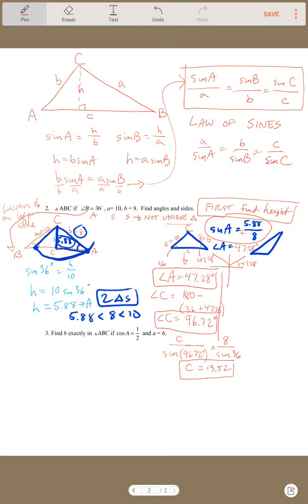All right, let's go on to, well, keep in mind, that was only the acute triangle. We need to now go on to the obtuse angle for angle A. So keep in mind that if we have 47.28, that must mean that this quadrant 2 also has a reference angle of 47.28. So you guys know what to do.